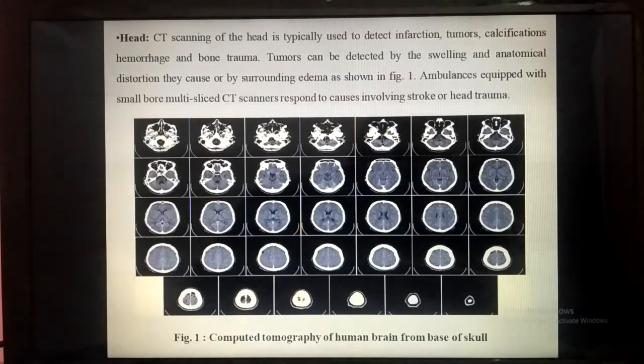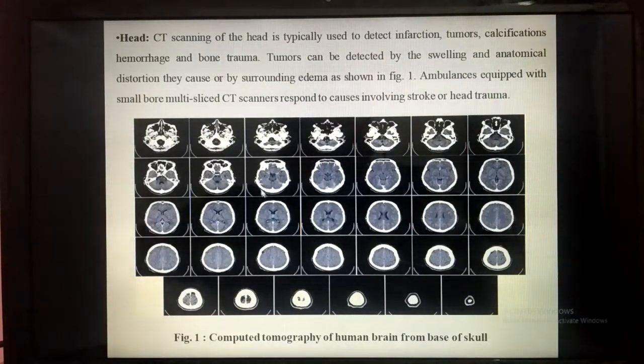The first is the head. CT scanning of the head is typically used to detect infection, tumors, calcification, hemorrhage, and bone trauma. Tumors can be detected by the swelling and anatomical distortion they cause or by surrounding edema, as shown in figure 1.